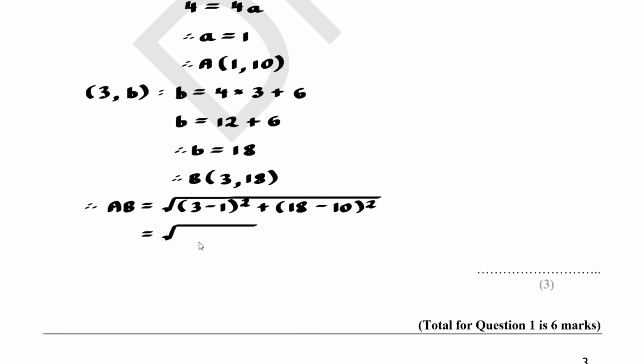What we end up with is the square root of 2 squared plus 8 squared. 4 plus 64 is 68, and therefore we have the square root of 68, which is equal to the square root of 4 multiplied by the square root of 17. The square root of 4 is 2. We multiply this by the square root of 17. AB is therefore equal to 2 times root 17.